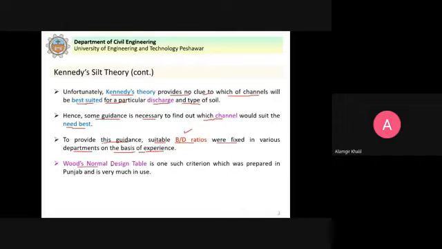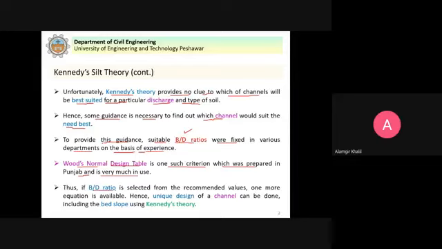Wood's normal design table, which you can find in the book Irrigation and Water Power Engineering by Punmia, is one such criteria which was prepared in Punjab and is very much in use.